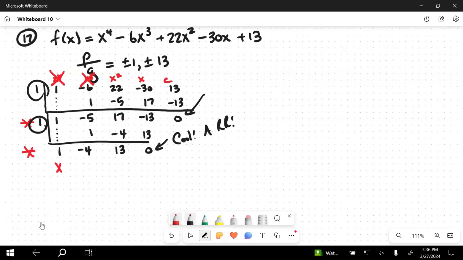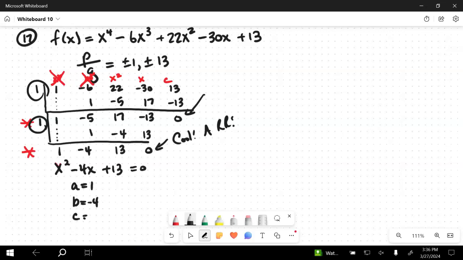This comes out as x squared minus 4x plus 13. Unfortunately, it doesn't factor, so I'm going to go ahead and use the quadratic formula. A is 1, B is negative 4, and C is 13. Let's plug in.